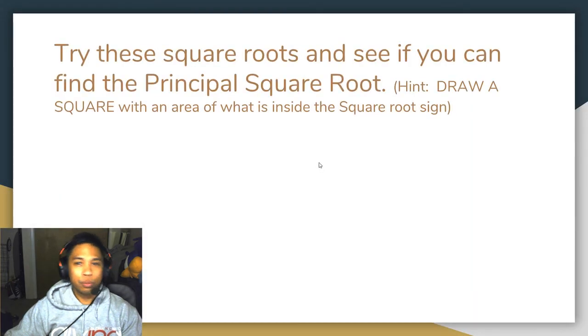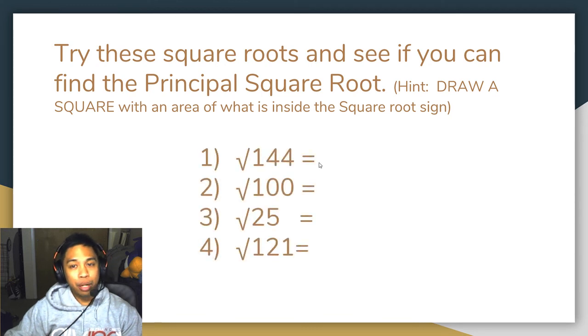Try these square roots and see if you can find the principal square root. Remember my hint, draw a square with an area of what is inside the square root sign. Remember to hit pause if you want to work on these problems. So now let's look at number 1. Think of a square with an area of 144 square units.